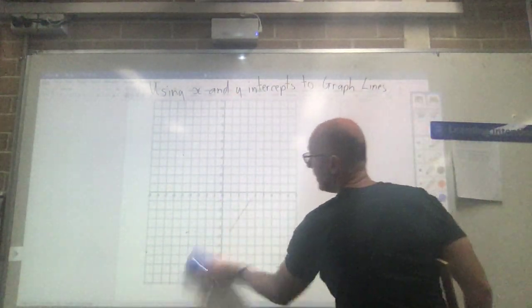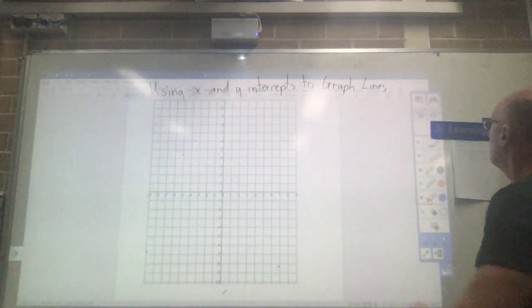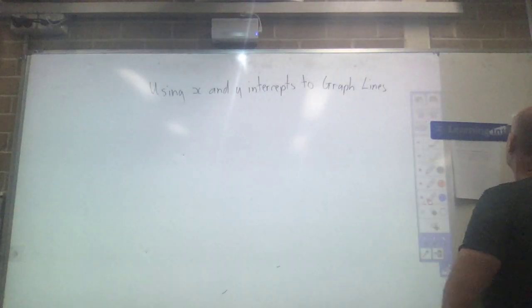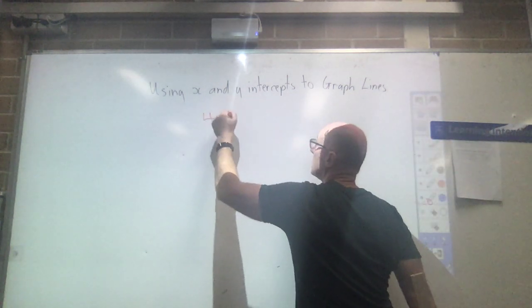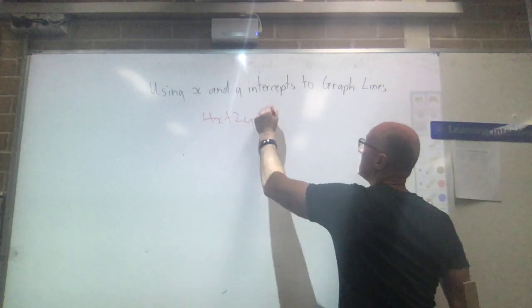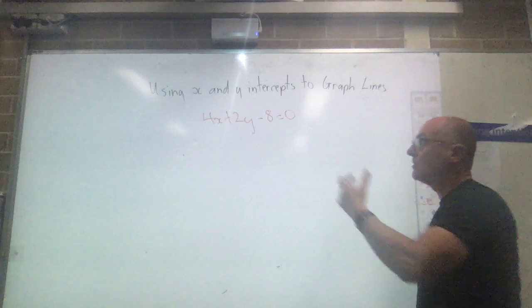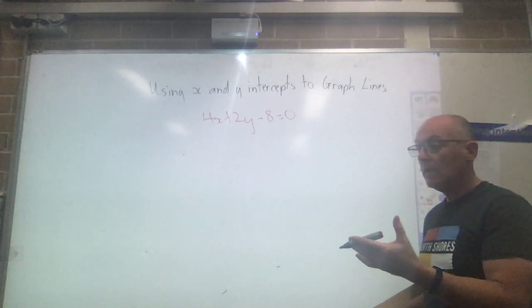I'll try one more for those who haven't switched off yet. Let's try question K. Question K is 4x plus 2y minus 8 equals 0. I want to draw that equation onto a graph, so I want to find the x and y intercepts.